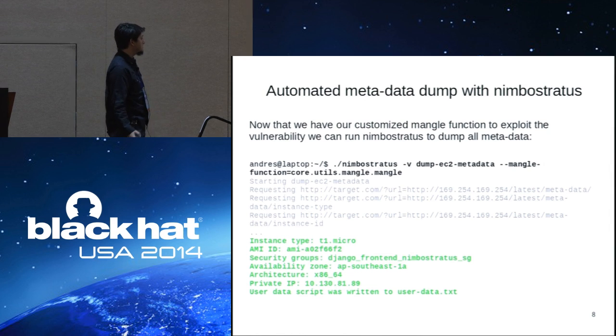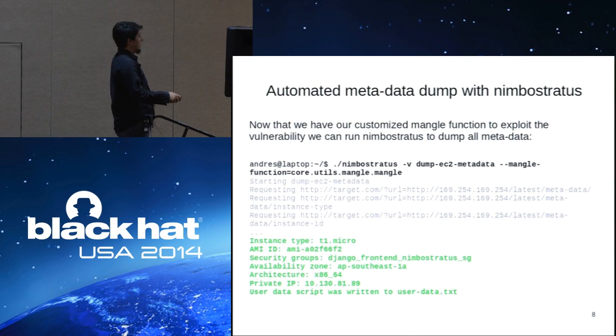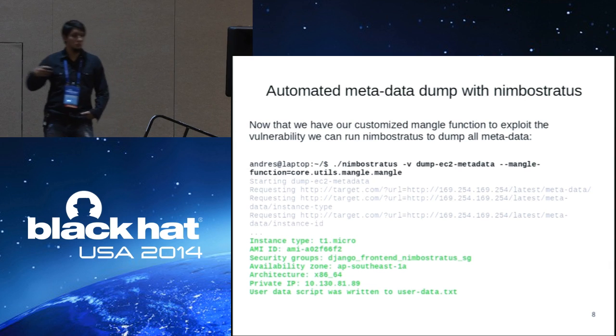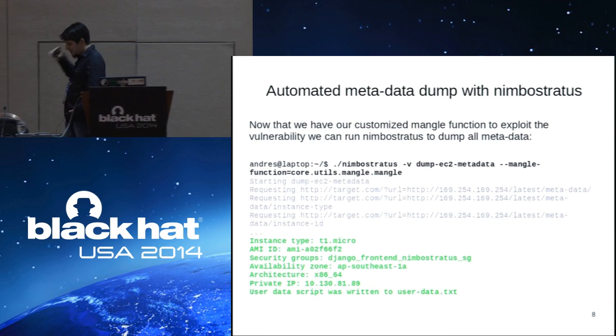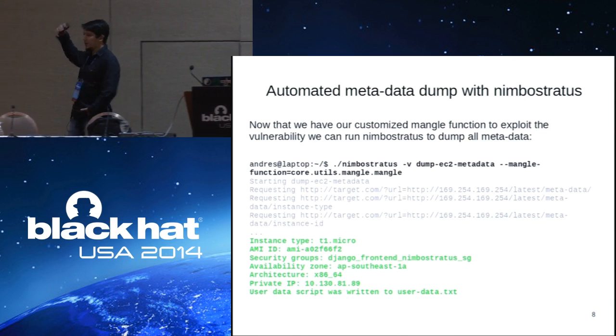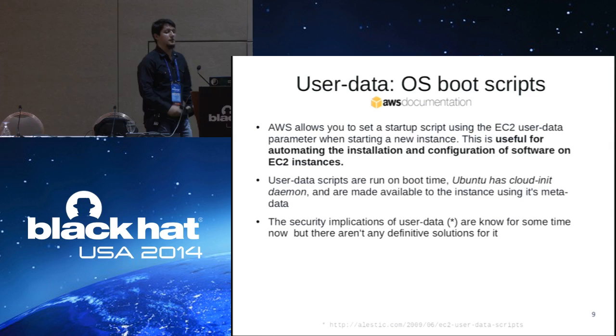In this case, nothing really interesting, other than knowing that there is a security group, which is kind of a firewall in Amazon clouds, and something else that says user data script was reading to user data. So this simple tool was able to dump all the information from that remote instance metadata.